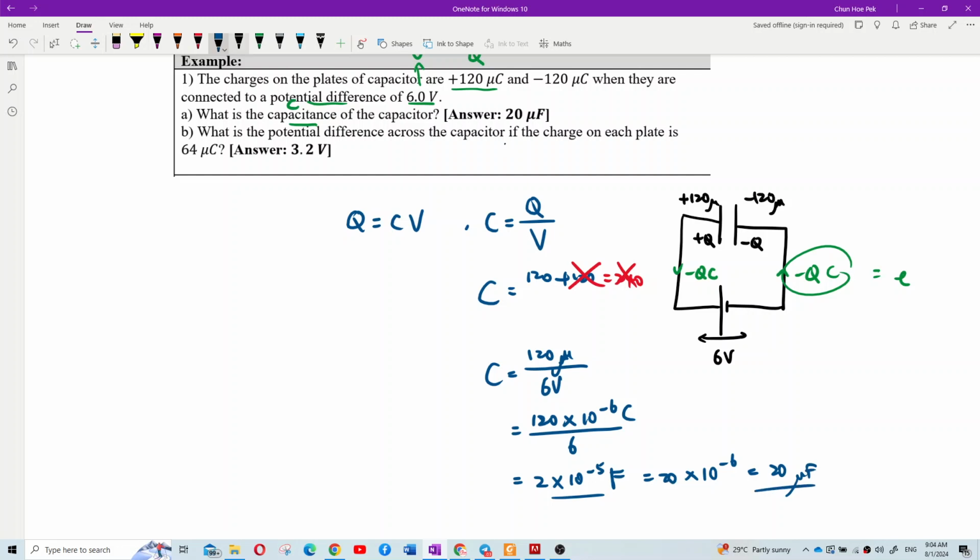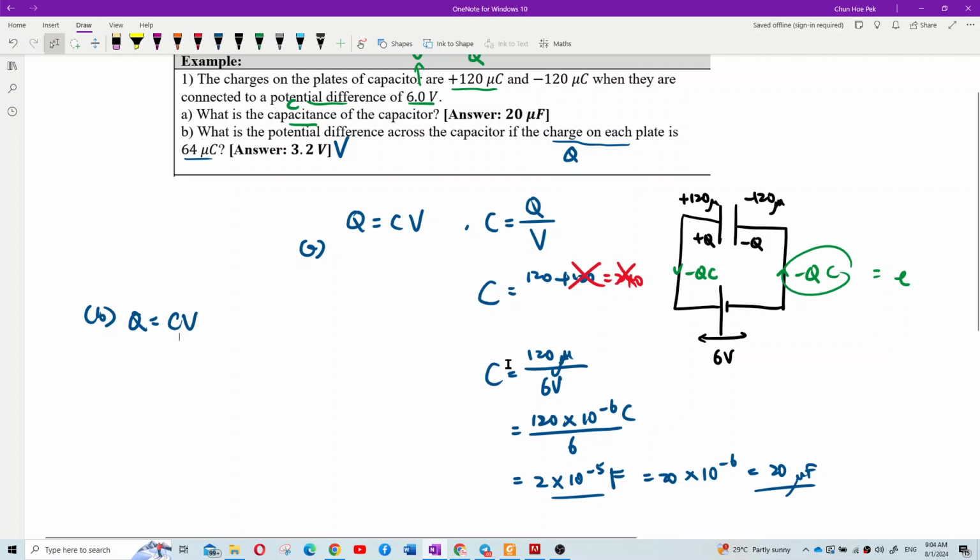Now, question B, just like question A. What is the potential difference across the capacitor if the charge on each plate is 64 microcoulomb? We just use the formula Q equal to CV.